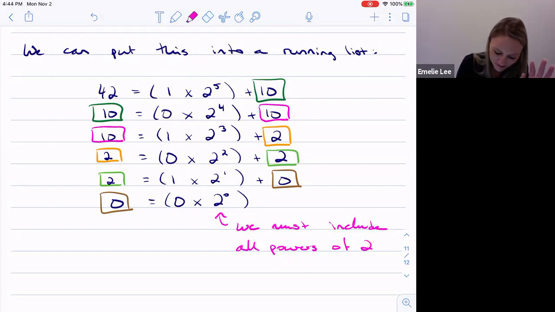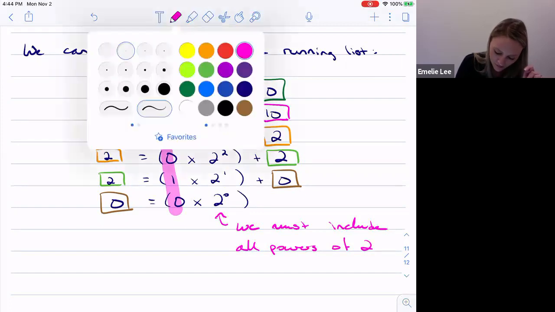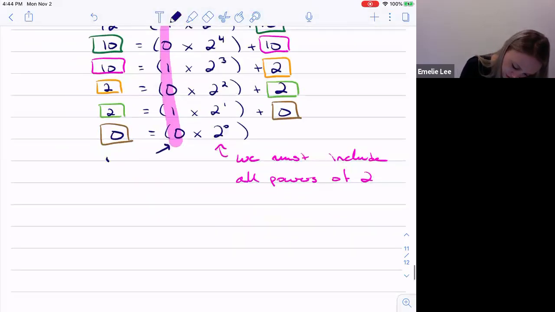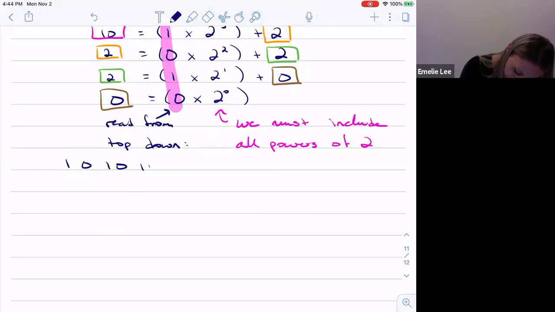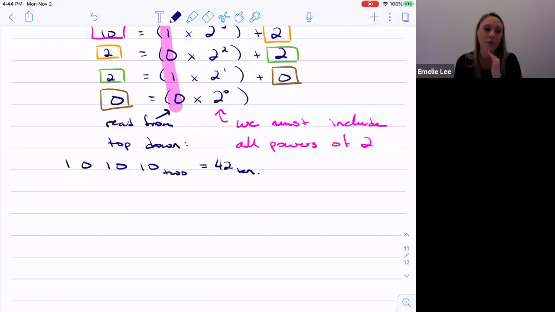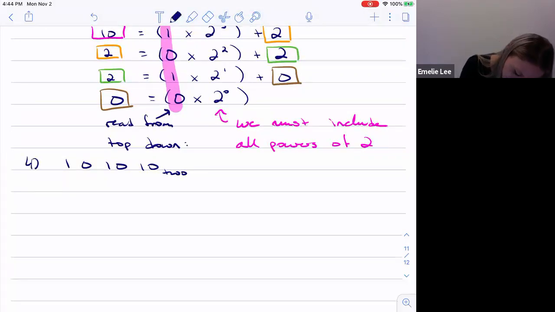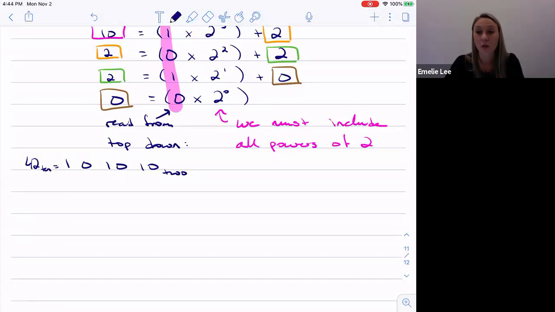Read from top down, you get 1, 0, 1, 0, 1, 0 base 2, which is equal to 42 base 10. Or the other way around: 42 base 10 is equal to 1, 0, 1, 0, 1, 0 base 2.